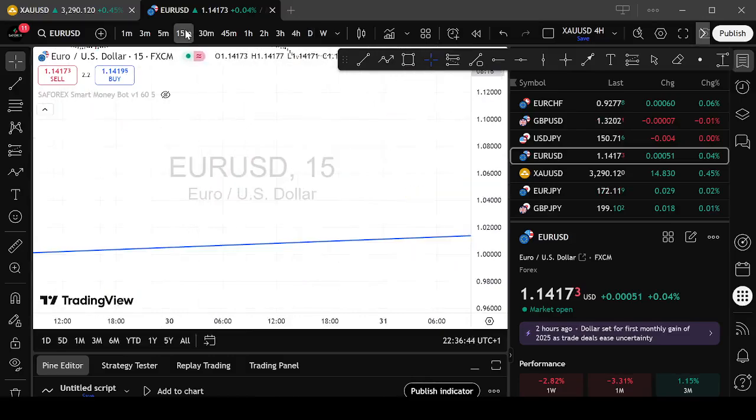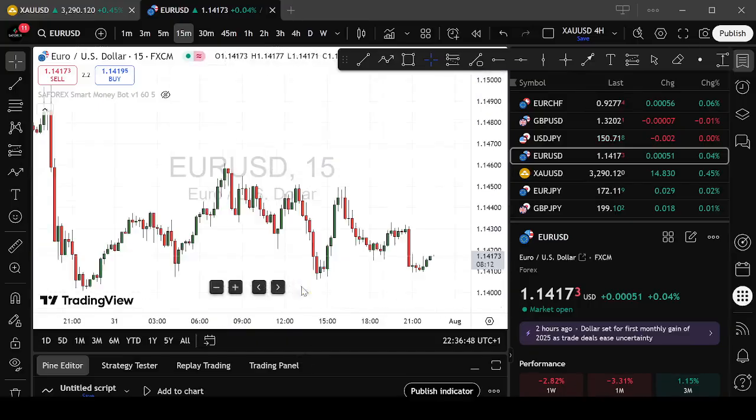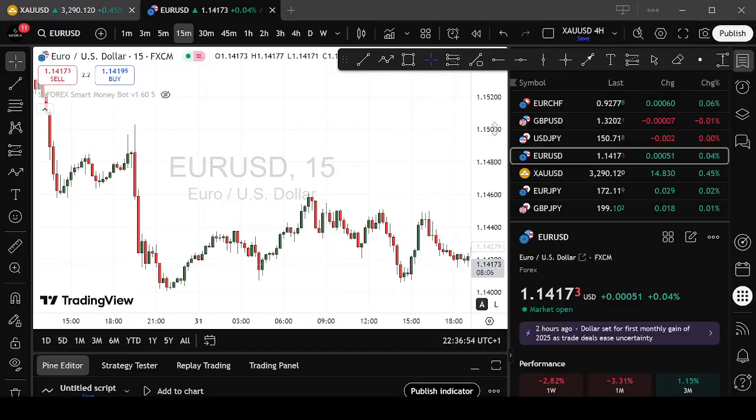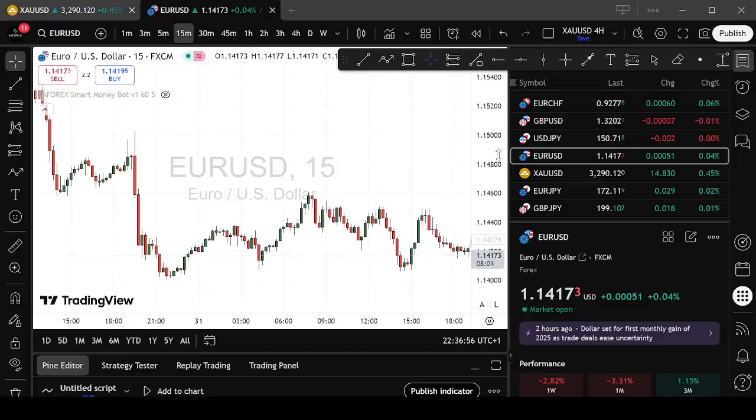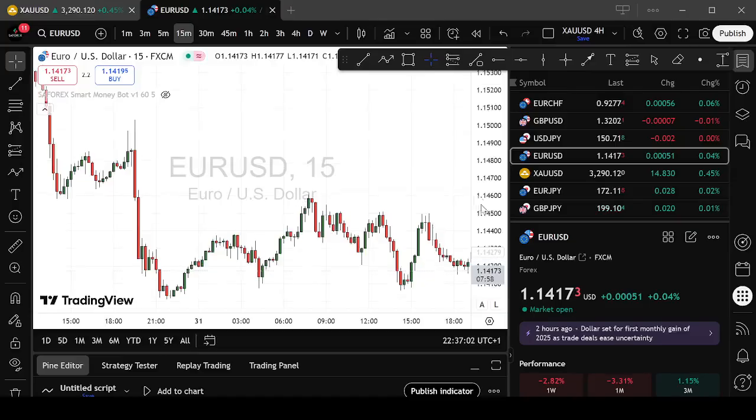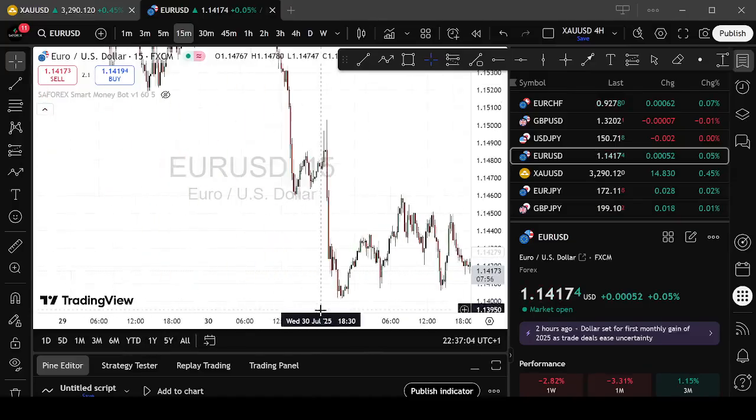It will be easier to see on a lower time frame. All right, so trend lines above or below recent highs and lows. Those are where liquidities are found in most cases.